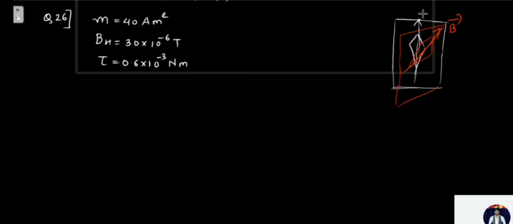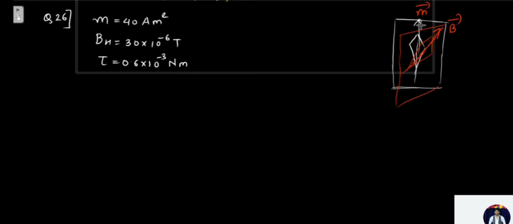So the angle between the magnetic moment and the magnetic field will be the same as the angle of declination, that is the angle between the two planes, because the magnetic moment is lying in one plane and the magnetic field is lying in another plane.